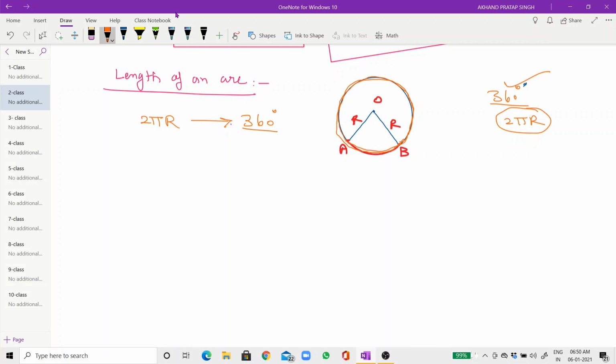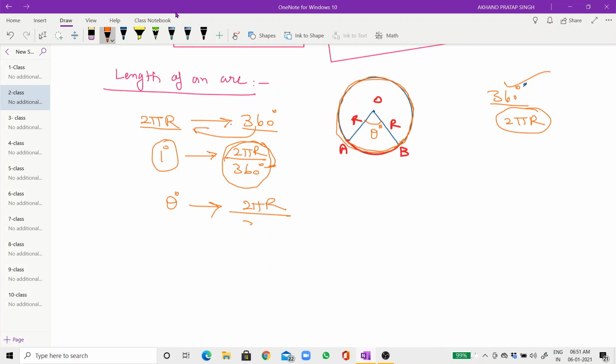If we cover 360 degrees and the distance is 2 pi r, then for 1 degree we divide, so it is 2 pi r upon 360. So when the angle is 1 degree, the length of the arc is this much. When the angle is theta, then the arc length is theta times this quantity. So we write 2 pi r upon 360 into theta.